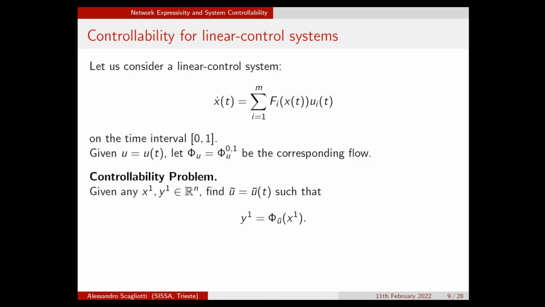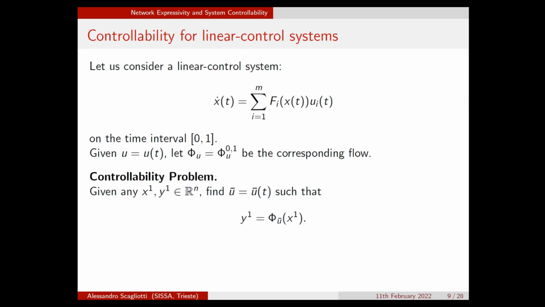Okay, now we have the controllability problem. What does controllability problem mean? Let's choose any two points, x1 and y1 in Rn. x1 will play the role of starting point and y1 will play the role of target point. The problem now is to find out whether there exists an admissible control U bar such that the corresponding diffeomorphism phi U bar maps the starting point x1 onto the target point y1.